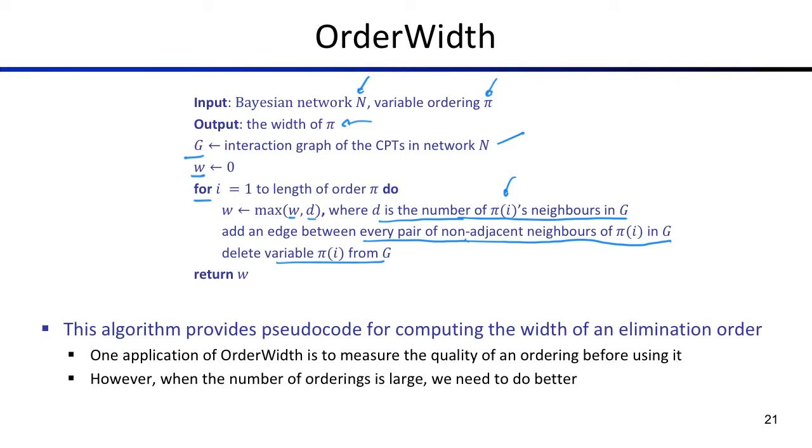But you may think that, okay, we could take all possible orderings and feed each of these orderings to this algorithm and take the best one. But there are n factorial possible orderings for n variables, so that is not a feasible approach for solving the problem. We need to use something different, and we're going to discuss that in future slides.